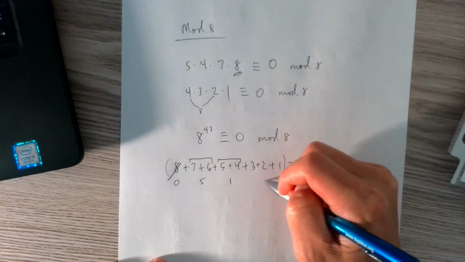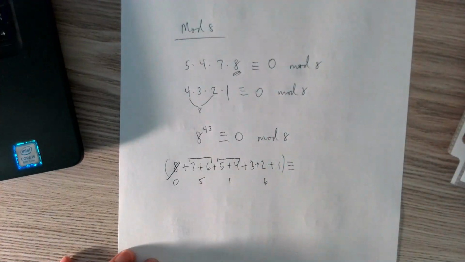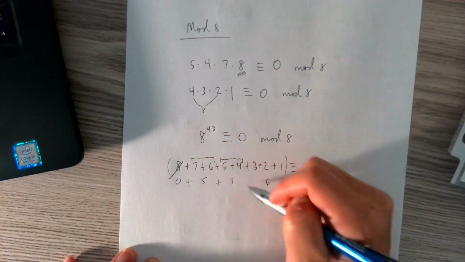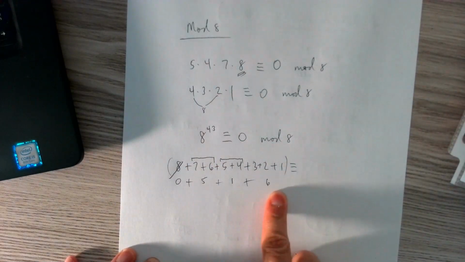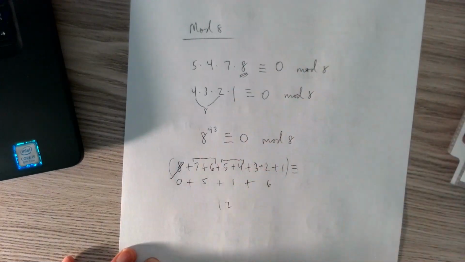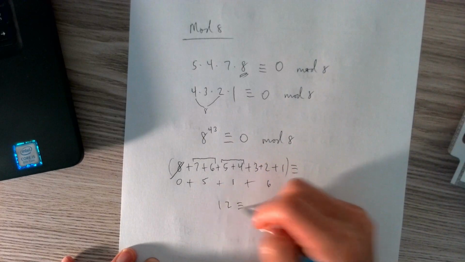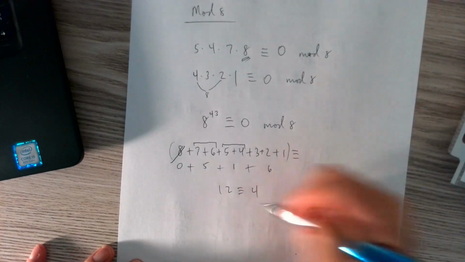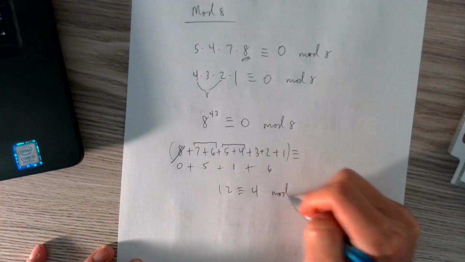So I'll just leave it as a 6. But then I can add these, and I get 12, right? I get a grand total of 12, and 12 is small enough that I can do this in my head. 12 is 4 in mod 8.